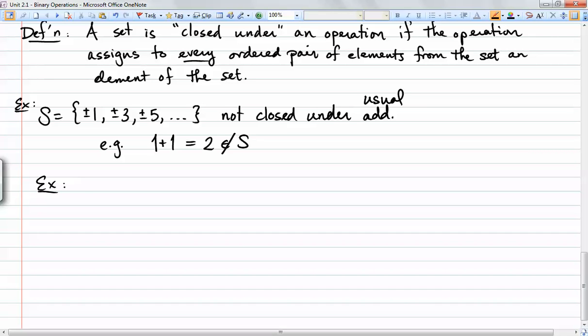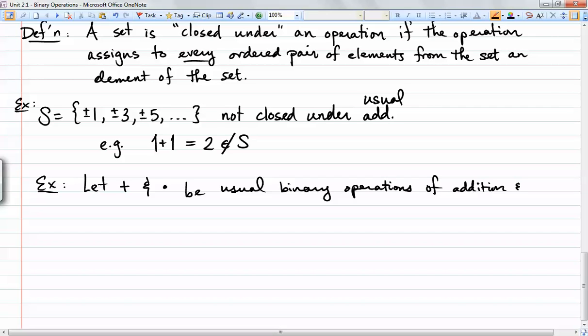Let plus and dot be the usual binary operations of addition and multiplication on Z. And we're going to let H equal all the squares n squared, where n has to come from a positive integer.